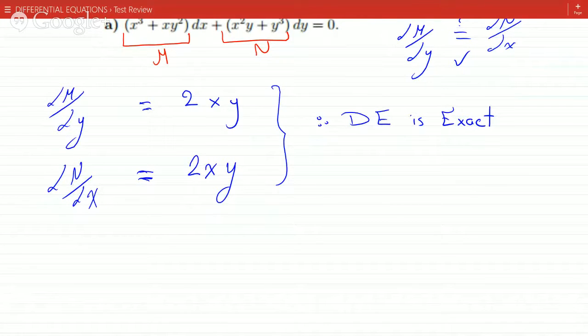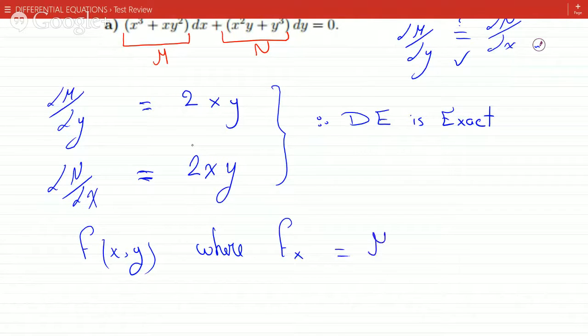So then we know that there exists some function f of x comma y where partial of f with respect to x has to equal M. Am I right?